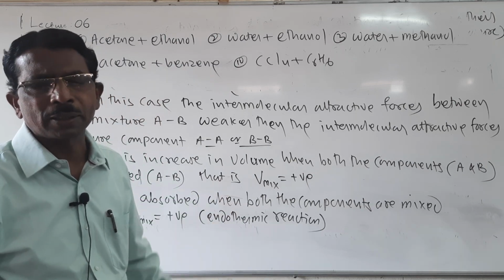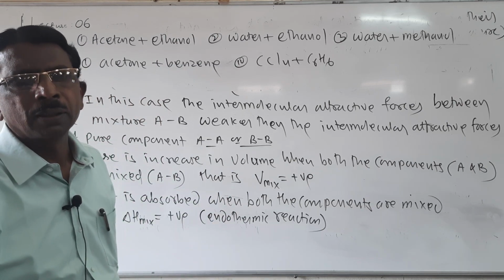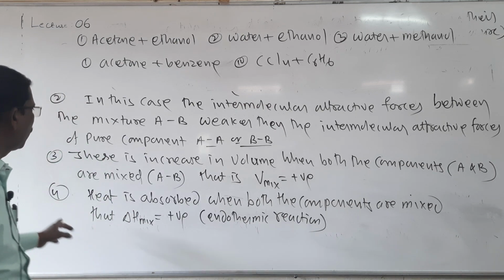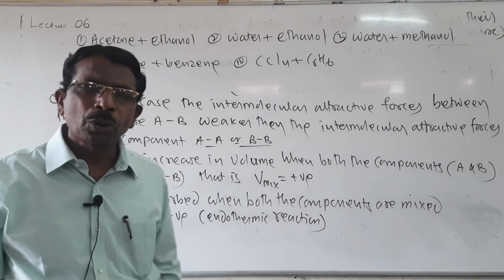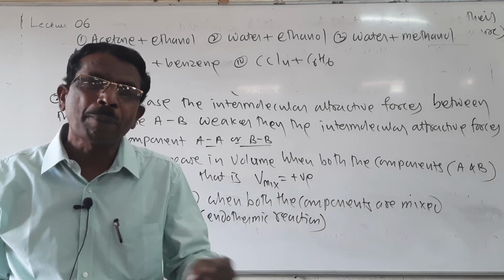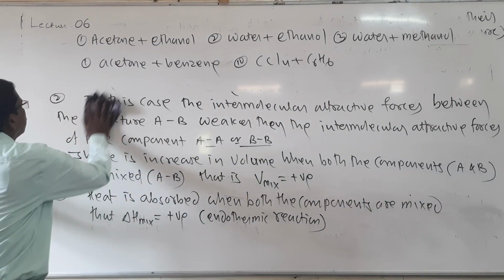So, it carries 3 marks. Write the characteristic properties of non-ideal solutions and remember these examples. And non-ideal solution showing negative deviation is exactly opposite to this. Very simple.